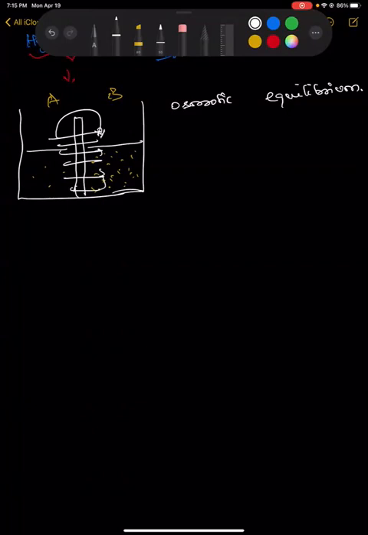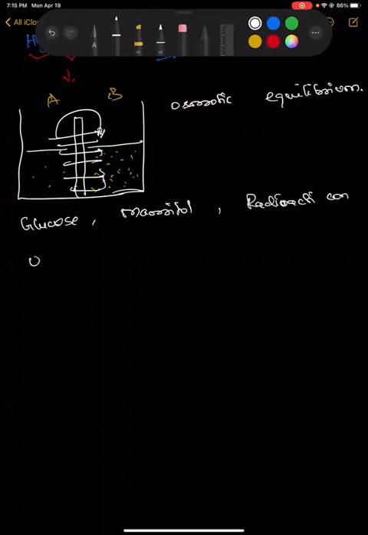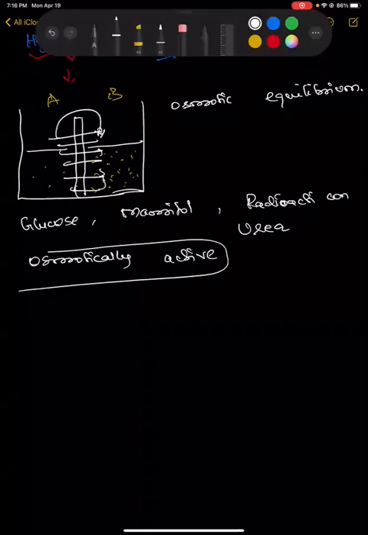So most of the osmotically active agents that we encounter in day-to-day life are glucose, mannitol, radioactive contrast. These are all highly osmotically active. Urea, sorbitol and all this stuff are osmotically active.